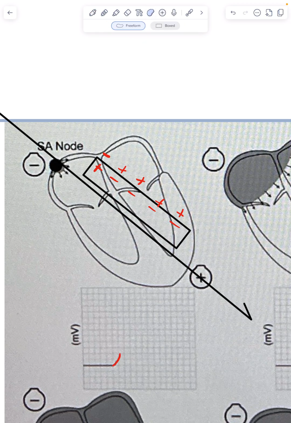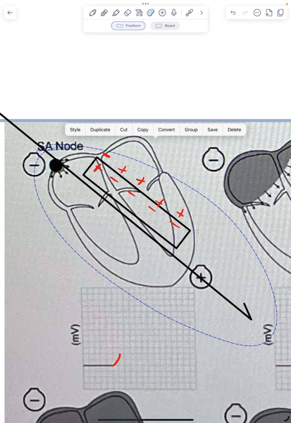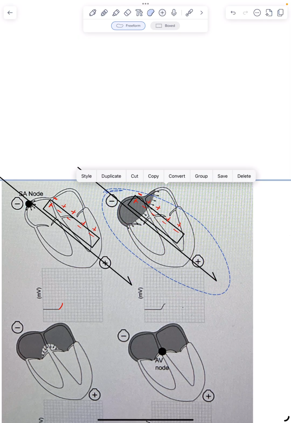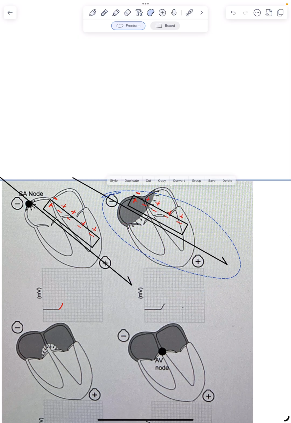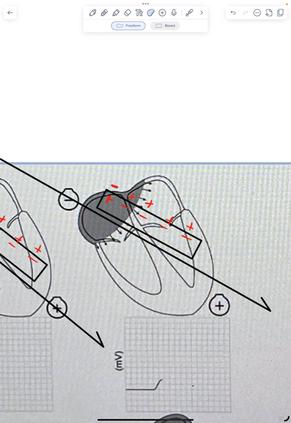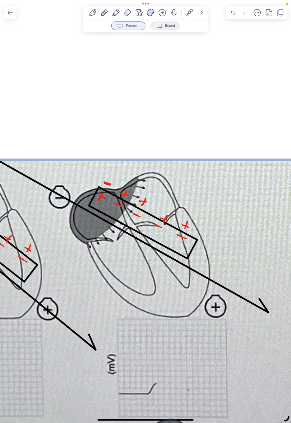And for convenience for everybody involved and speed of the matter, I am going to do this. Our vector is going to change a little bit just because now we're having to move over to the left atrium as well, because they both have to, but we're still depolarizing. We're still moving down.